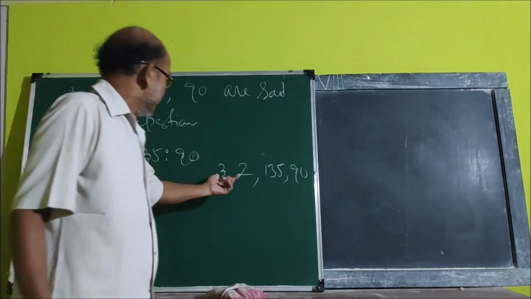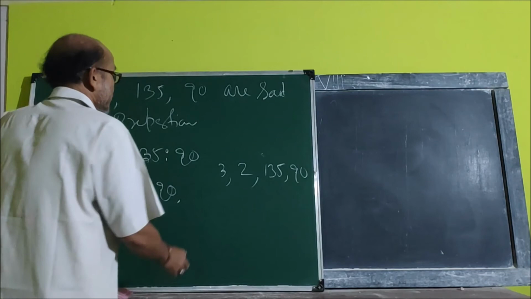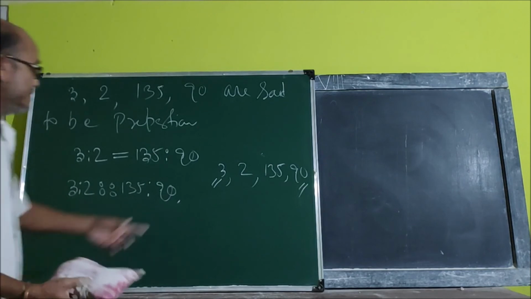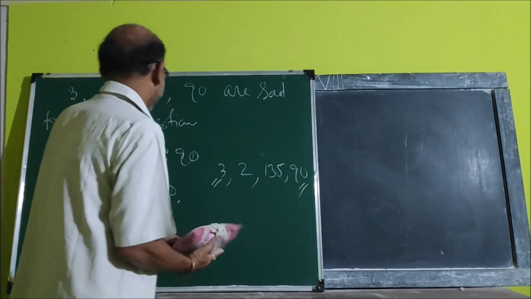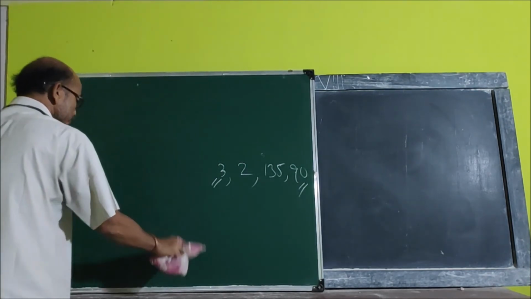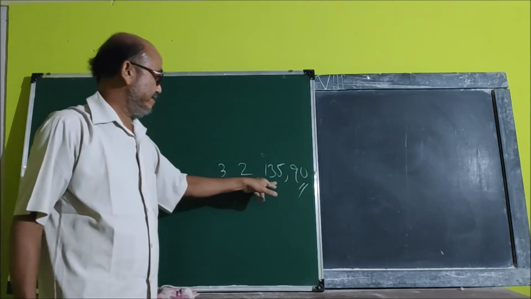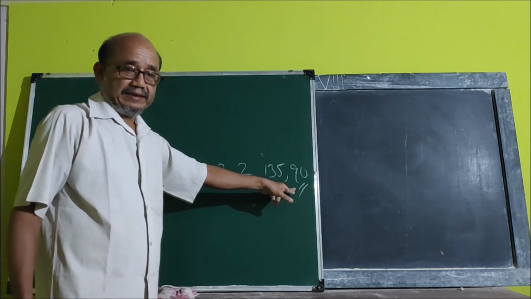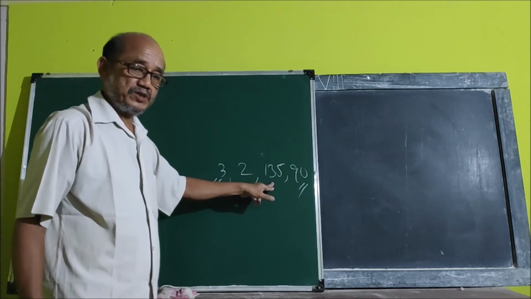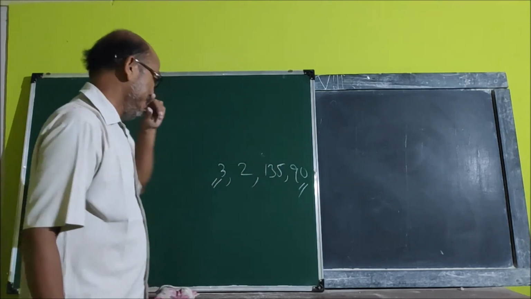Each of these numbers is called a term. It is the first term, second term, third term, fourth term, and in other cases this is called the third proportional and this is called the fourth proportional.